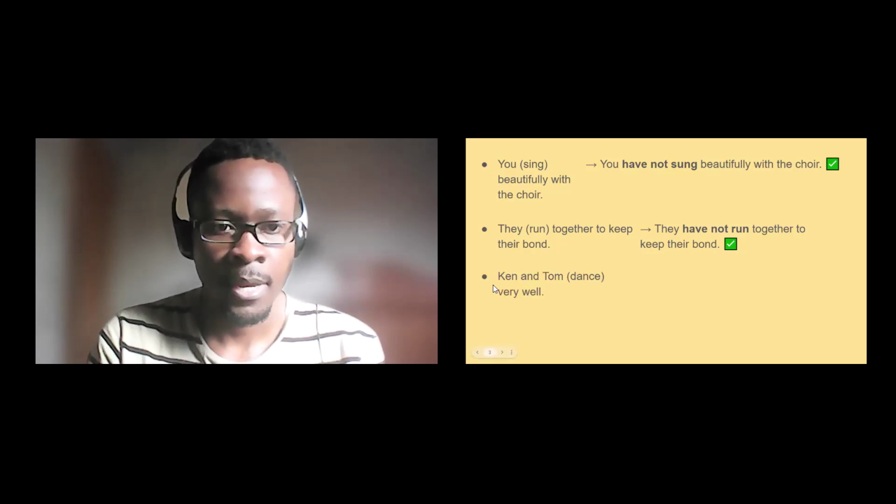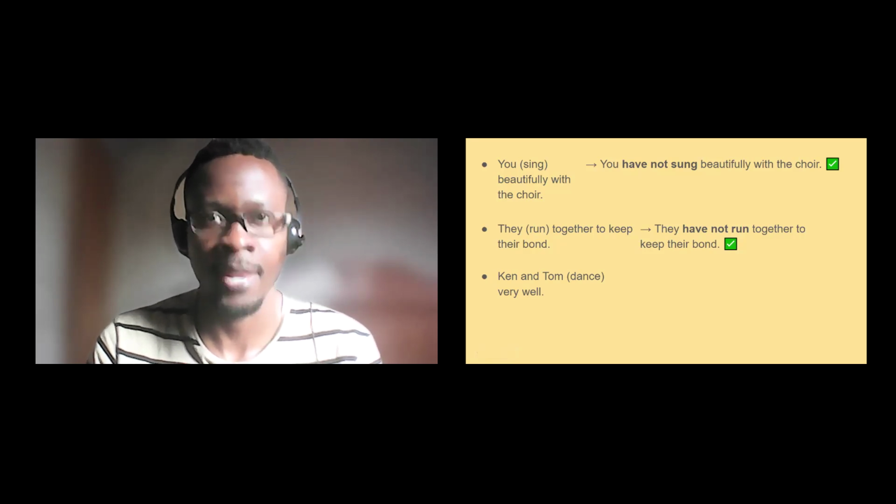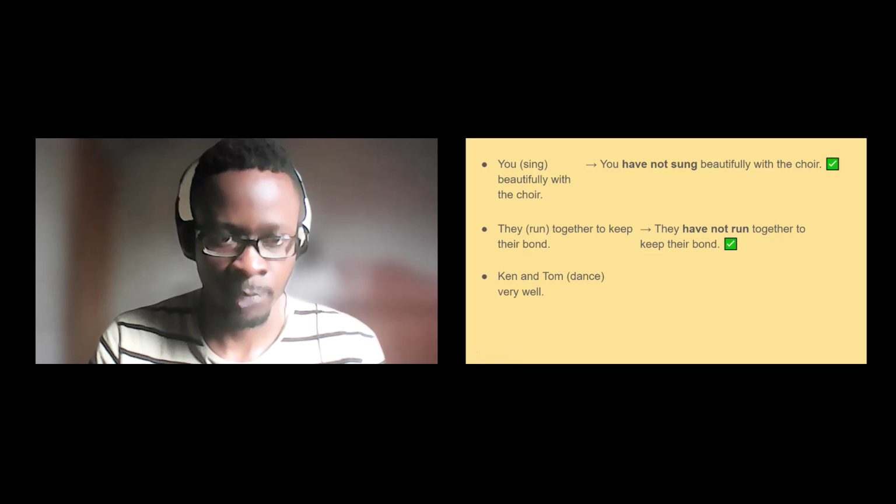Next up, Ken and Tom dance very well. Subject, Ken and Tom. So you have two people here. It's a he and a he. So the collective subject in this case is they. Why? Because I have not included myself in that subject.